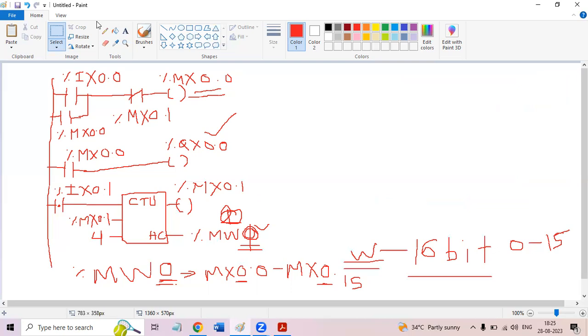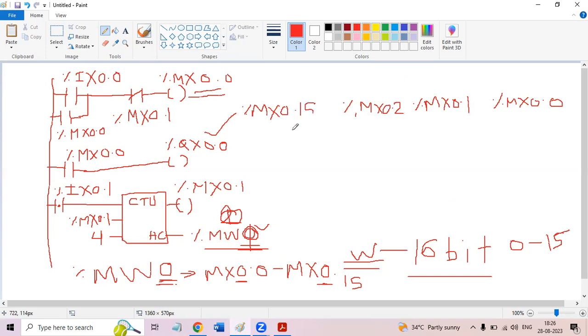So what exactly happens here? When I take percentage MW0, what happens? Percentage MW0 means we have percentage MX 0.0, percentage MX 0.1, like that, percentage MX 0.2, and it will go up to percentage MX 0.15.